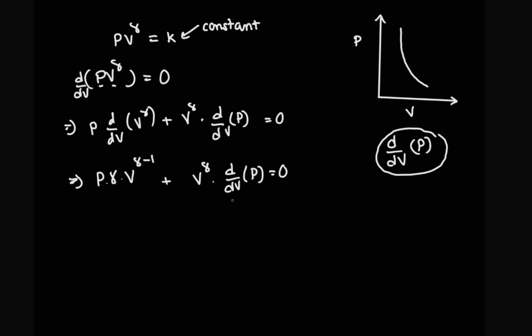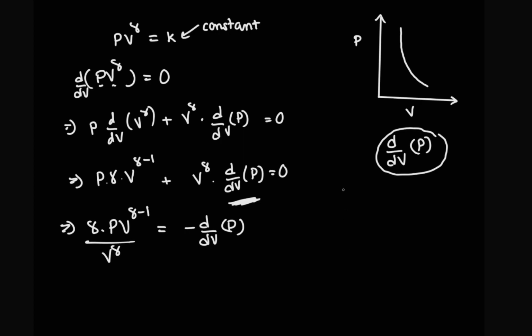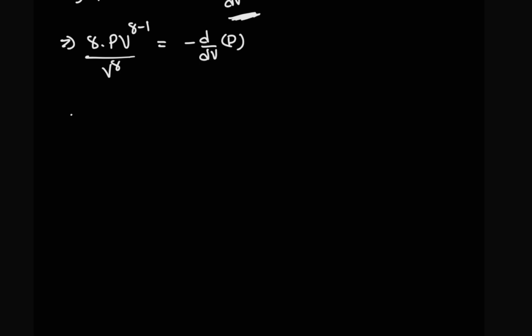We have to calculate this value of dP/dV in order to get the slope, right? So we have that gamma P V to the gamma minus 1 is equal to minus dP/dV times V to the gamma. All right. And if we do further calculations, we have that dP/dV is equal to minus gamma P V to the gamma minus 1 over V to the gamma.